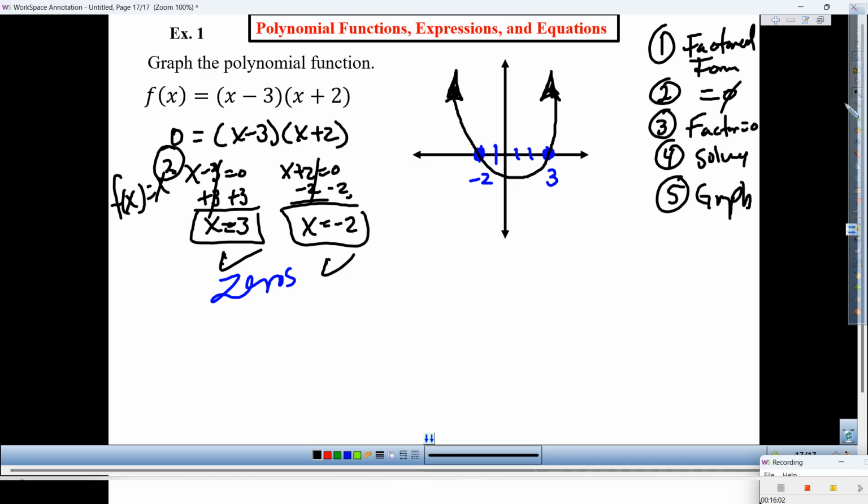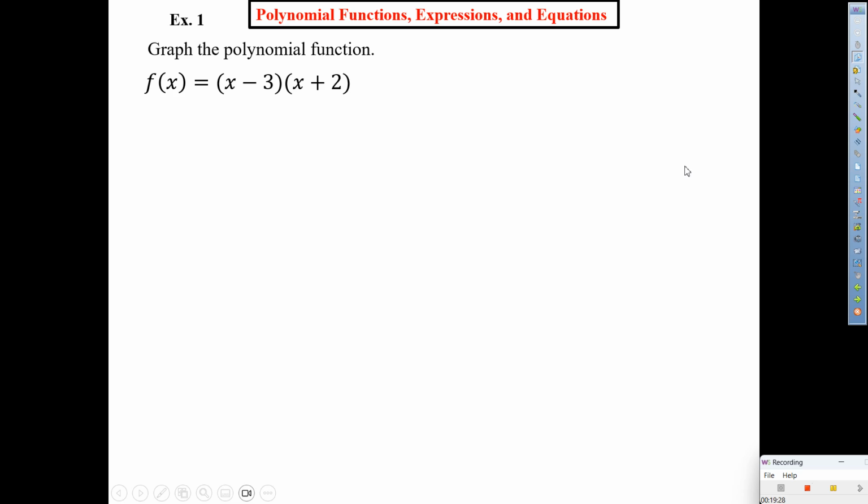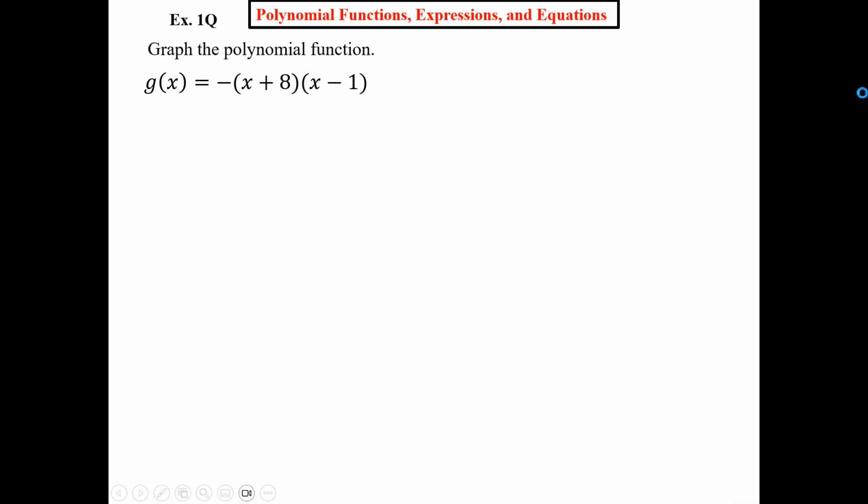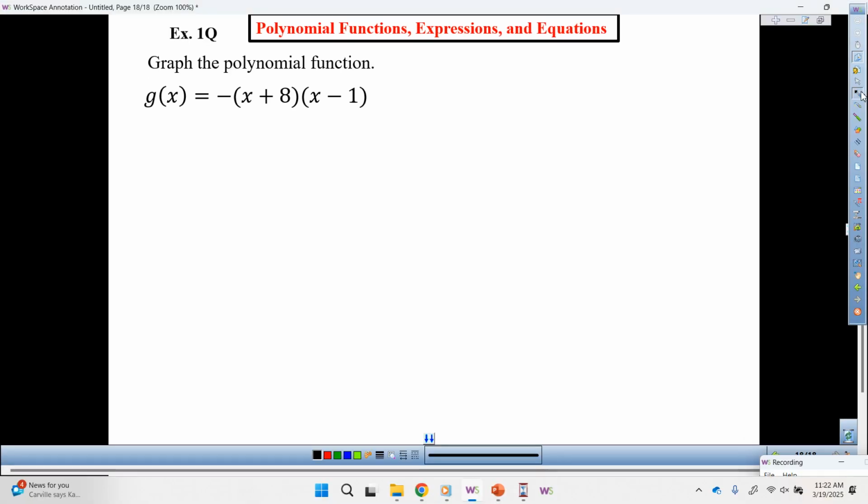Do another one. Example 1Q. G of x equals negative x plus 8 times x minus 1. Here we go.